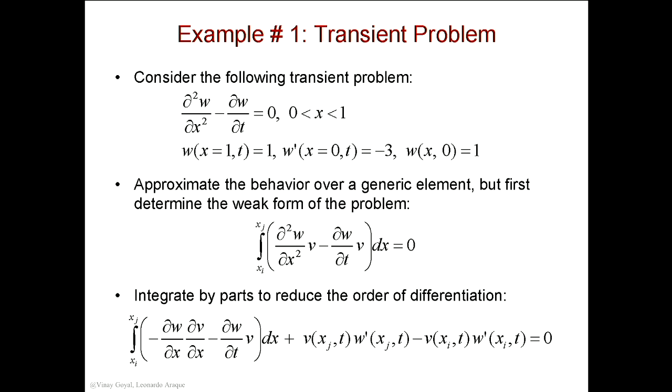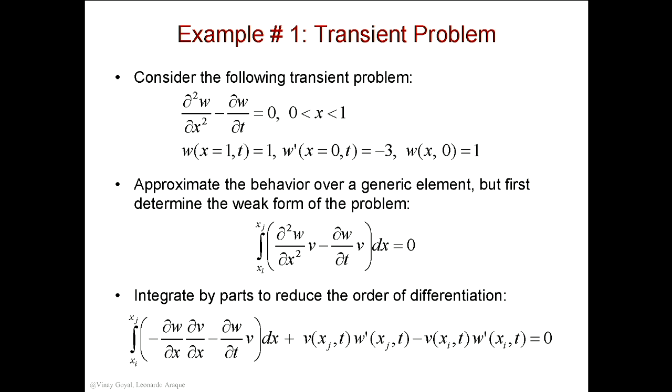What I'm doing now is not the weak form Galerkin. What we're doing right now is developing the weak form. This is not called the weak form Galerkin by any means. I want to make that very clear to all of you so that when you're working this through, you're not confusing the two.